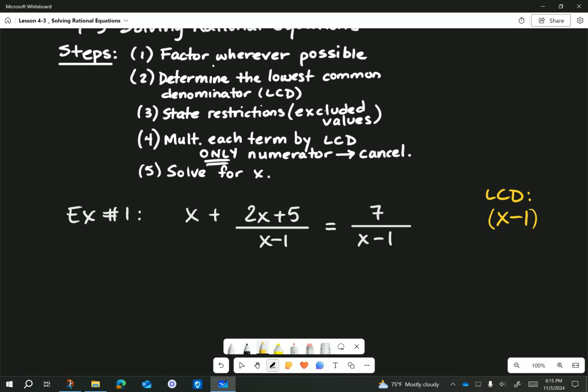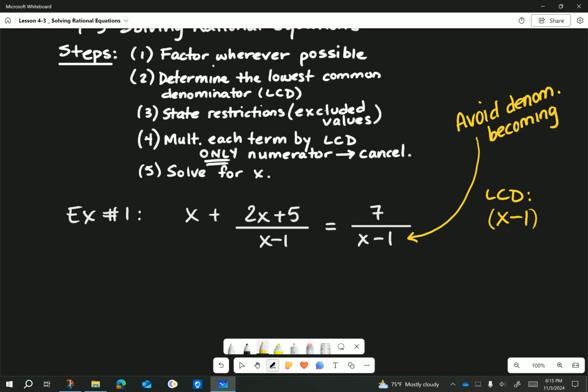Step number 3 asks us to state the restrictions. Now, what exactly are the restrictions? Well, we want to avoid at all costs our denominators becoming 0, okay?